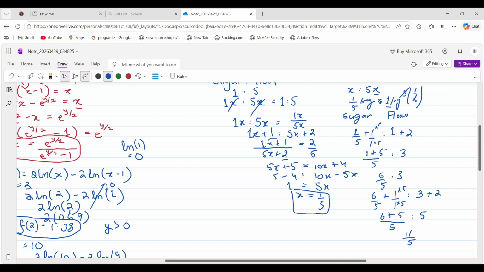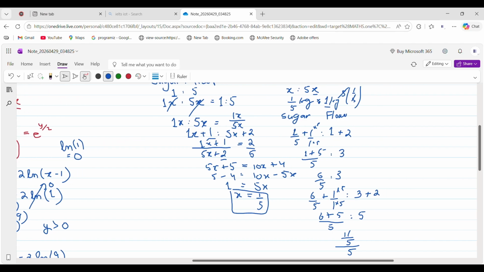Ratio means in the division form, right? I can write it like this as well. Now see, 11 by 5 divided by 5. If I have to change this divided sign into multiplication, 11 by 5 multiplied by reciprocal of 5, which is 1 by 5. Numerator multiplied by numerator, denominator multiplied by denominator.